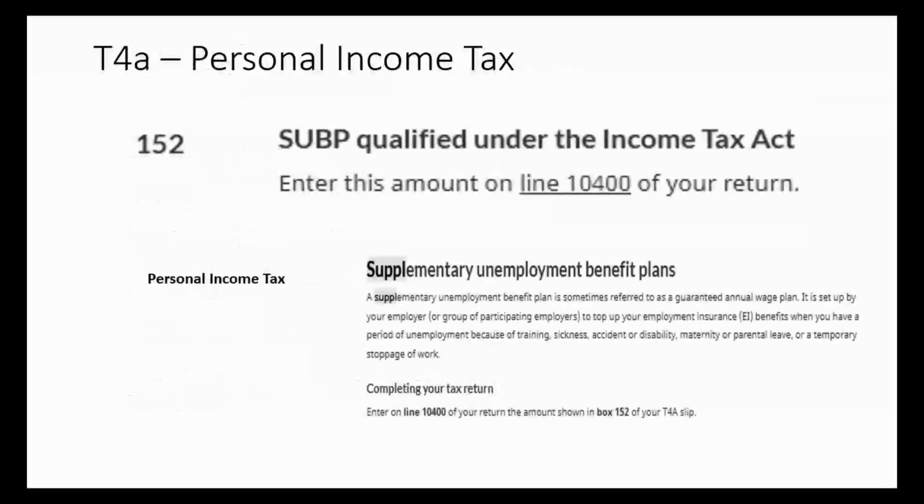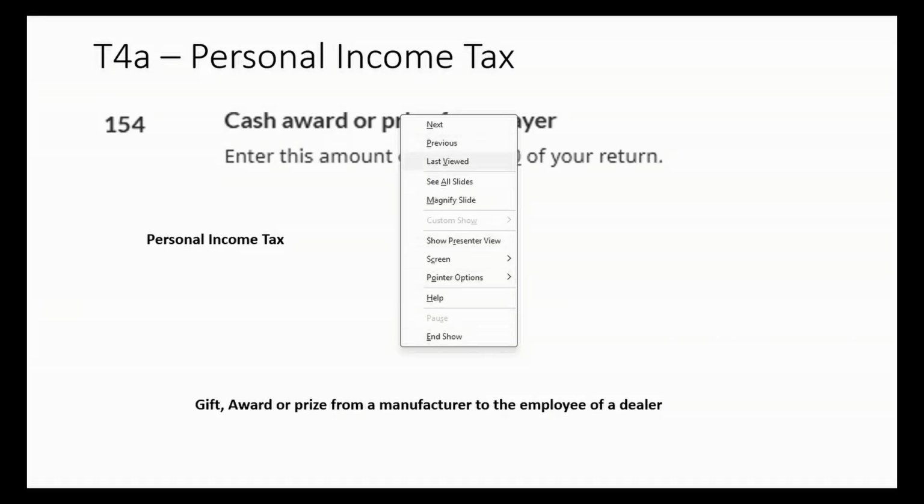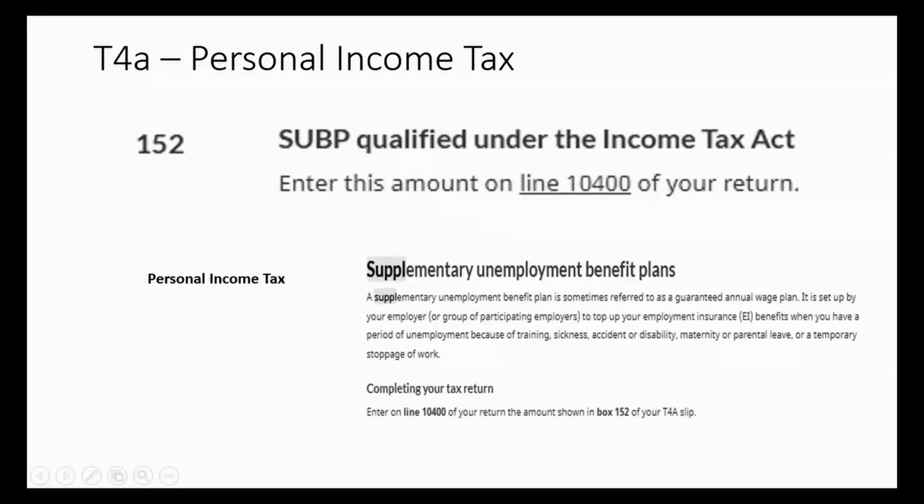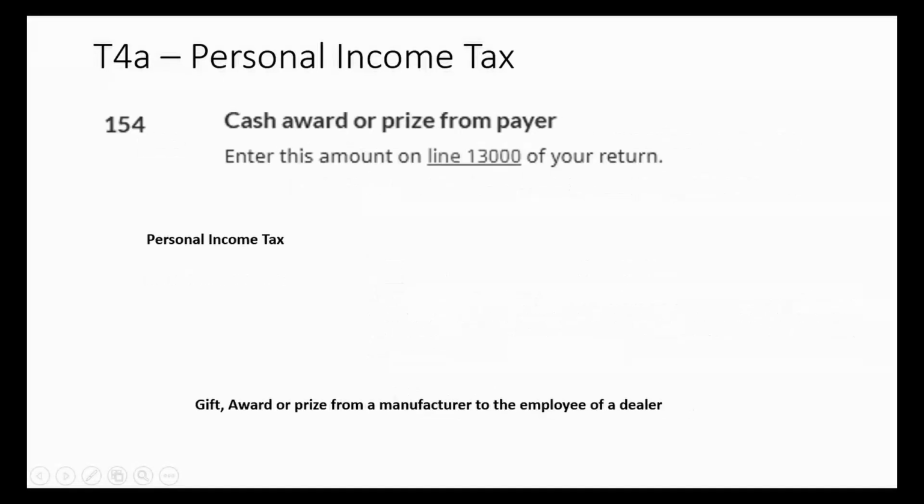All right, now apart from that, you also have code 152. This is supplementary unemployment benefits plan. Supplementary unemployment benefits plan is sometimes referred to as guaranteed annual wage plan. This is set up by your employer to top up your employment insurance benefits when you have a period of unemployment because of training, sickness, accident, or disability.